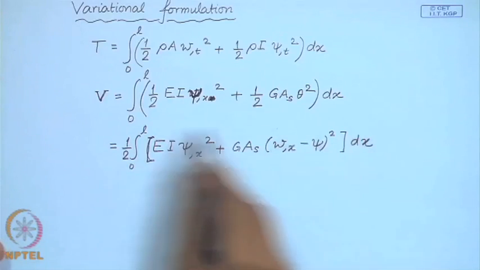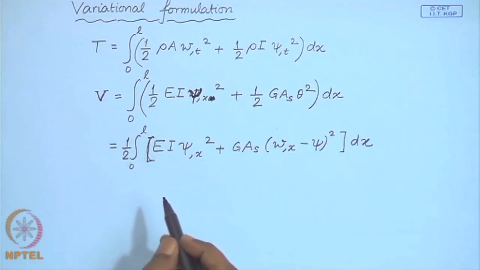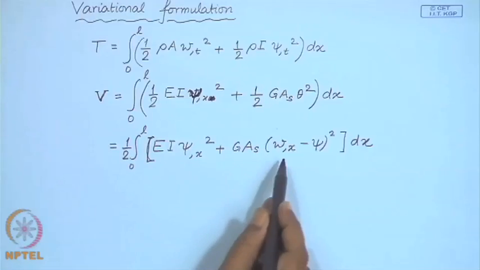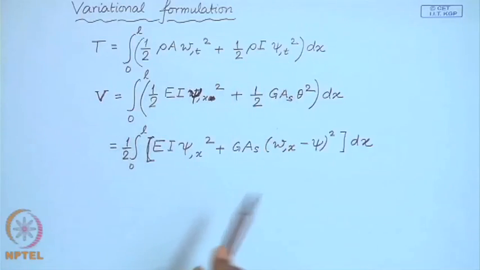So, this is our potential energy expression in terms of W and psi, and this is the kinetic energy in terms of W and psi.